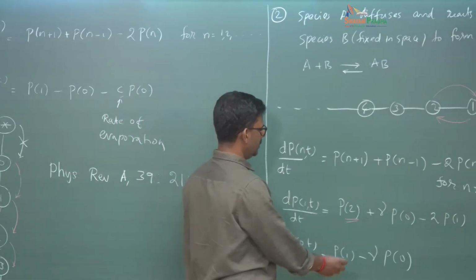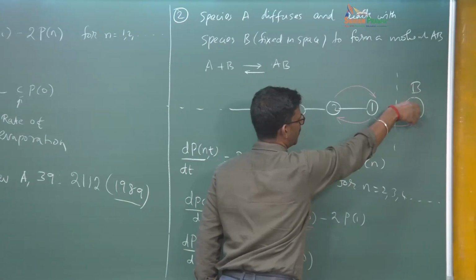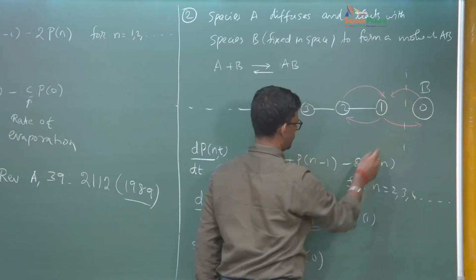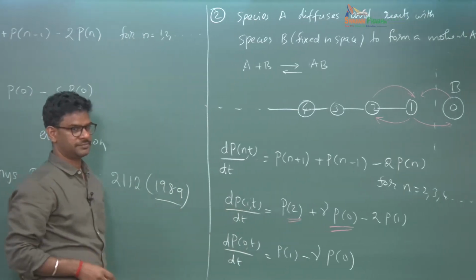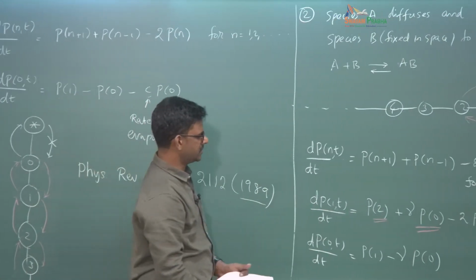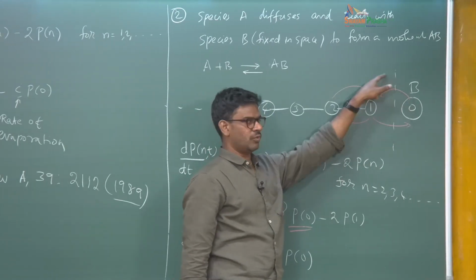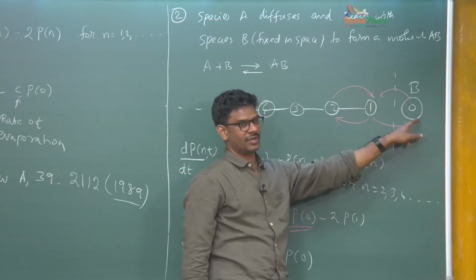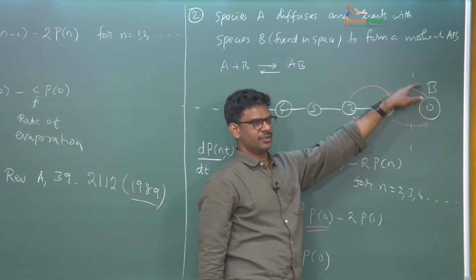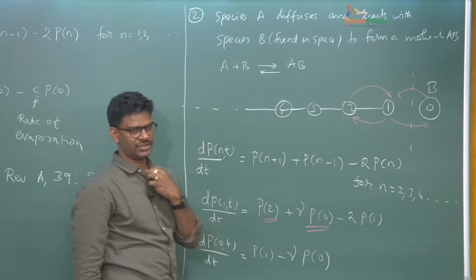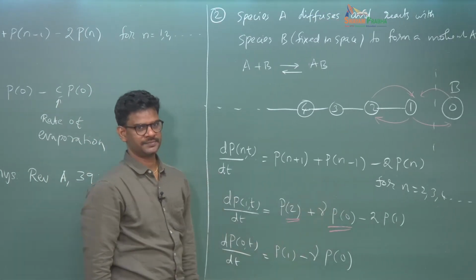And then you see this one, that means that while there is a bound state, it can dissociate at a certain rate and create P1. So, this one accounts for dissociation from the bound state to this. This is not a random walk. This one is a random walk. Going from 1 to 0 is a random walk, but going from the bound state to this is actually a dissociation rate. So that's why I have gamma times P naught. Gamma is the dissociation rate.